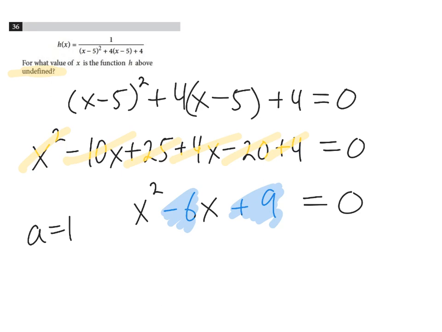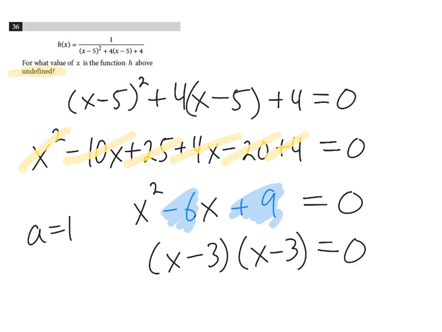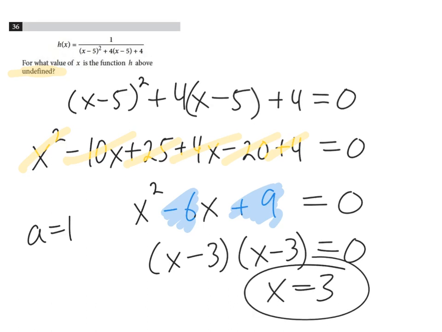Well, in this situation, two numbers that multiply to 9 and add to negative 6, well, that's going to be negative 3, negative 3. And then we know that the only thing that can make this equal to 0 is when x equals 3. So the value of x that would make this function undefined is 3.